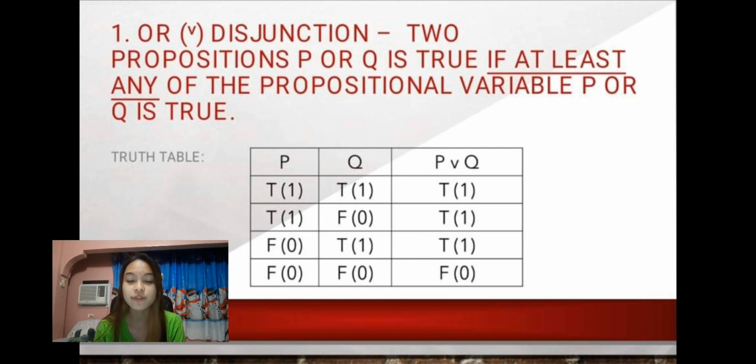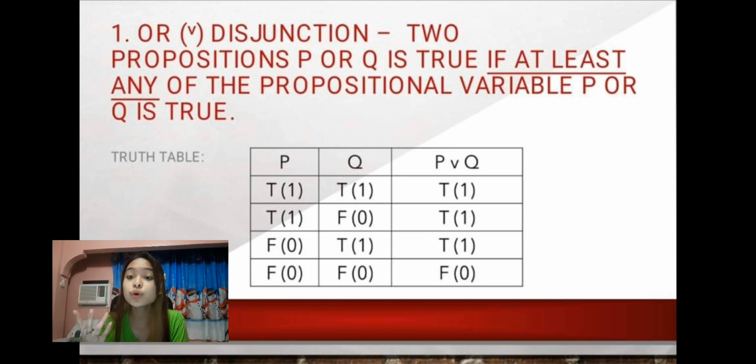So for the truth values of P we will always start with TTFF, then Q is TFTF, because we just divide it. We'll divide P into 2 halves. So we'll just do TFTF.